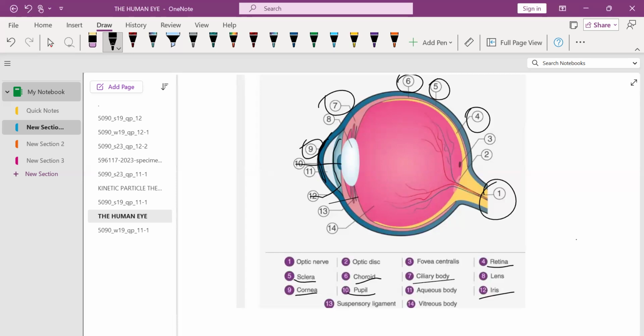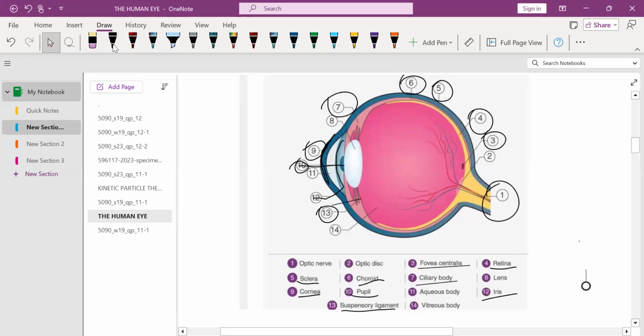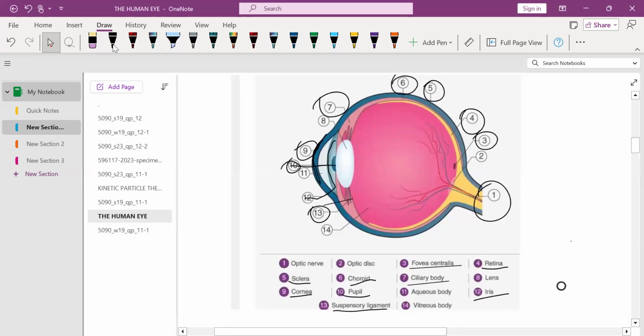And what else is left? The fovea, which is labeled as 3. I told you that it's at almost the center of the retina. I think all the parts are covered. Yes, the lens, which is at 8. So this one is the lens.